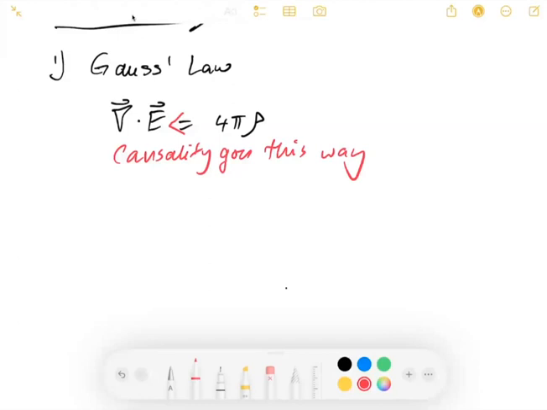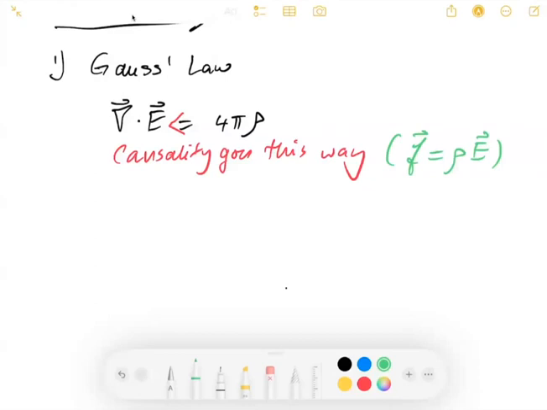So for instance, if you want to know the force density on a charge distribution in an electric field, force density would be rho times E, right? So that's another equation that has a rho and an E in it, but that rho and that E are not necessarily causally related. That rho doesn't cause the E. That rho is placed in an E field that has some other unknown origin. So causality in Gauss's law is, we have a rho and it causes an E field.